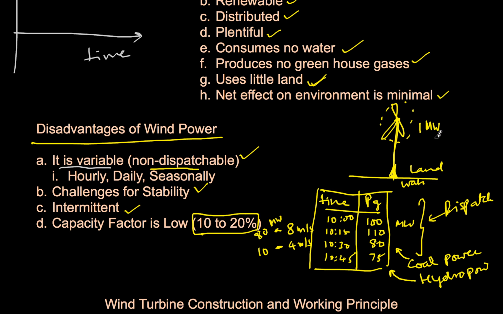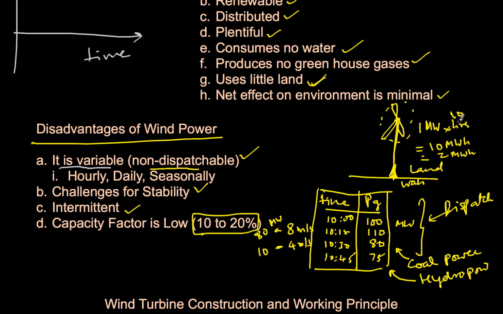Sometimes there is high wind, sometimes there is low wind. So if I operate for 10 hours, ideally 1 megawatt into 10 hours, I should get 10 megawatt hours of energy. That is the ideal case. But practically, I might get only 2 megawatt hours. And this ratio, 2 by 10, is actually the capacity factor.